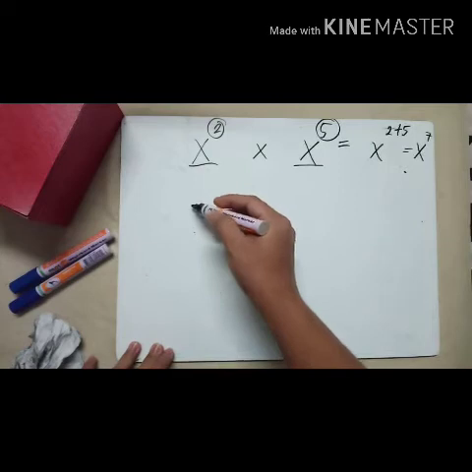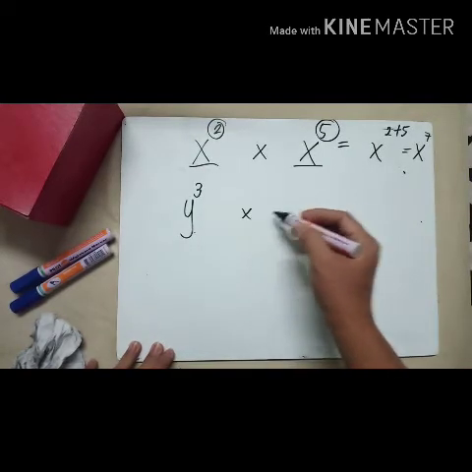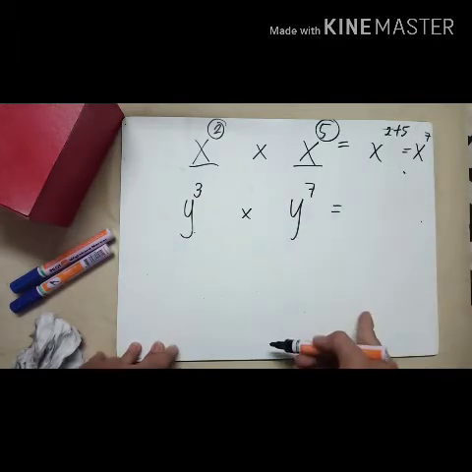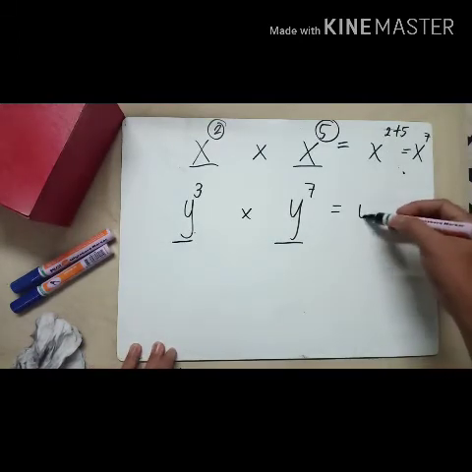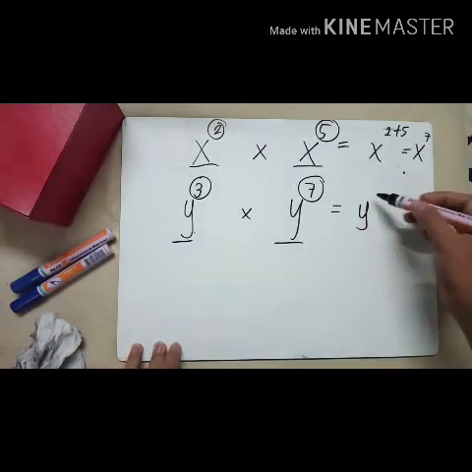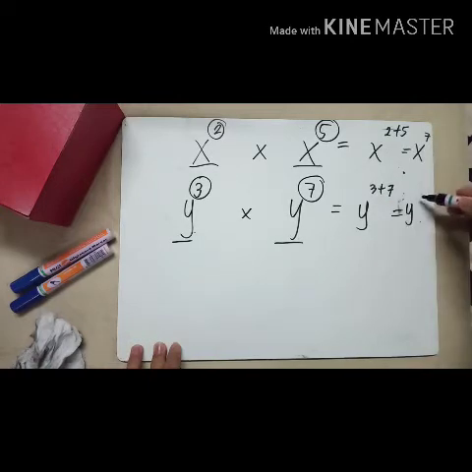Another example: y raised to the power of 3 times y raised to the power of 7. Since they are the same base, you just copy and then add the exponents. So 3 plus 7 is equal to y raised to the power of 10.